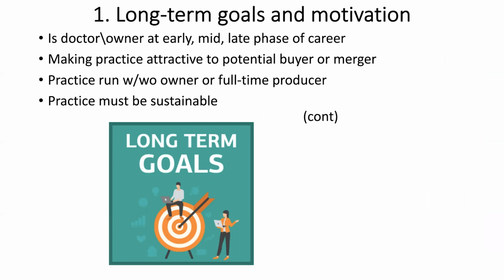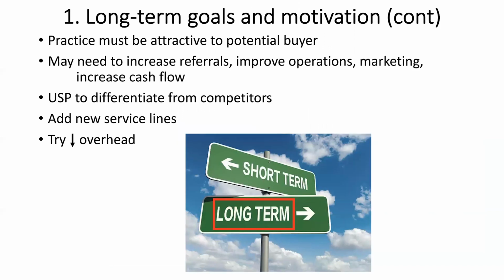We're going to have to decide if the practice can run with or without the owner or a full-time producer. A very saleable practice must be sustainable without the full-time producer. The practice must be made attractive to potential buyers.